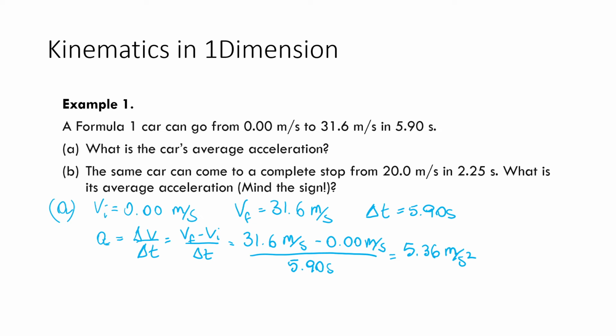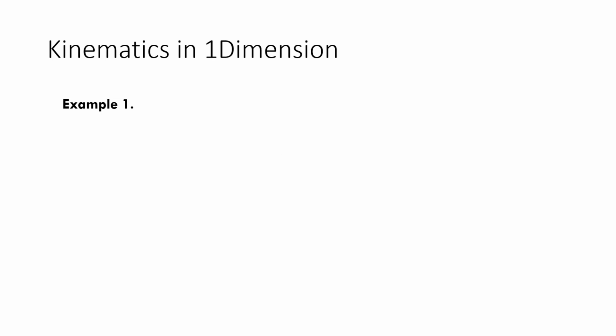Now in the second case, we're told that the car comes to a complete stop from 20 meters per second in 2.25 seconds. So we have to be careful with how we label things. So for part B, the car is actually initially moving at 20 meters per second.